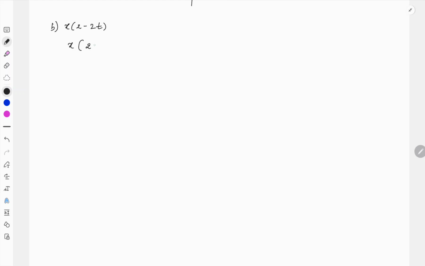It is minus of 2t. So let us take the minus sign common also. x of minus, with the minus sign taken common, 2t minus 2. Because we have taken the minus sign common, if we multiply inside with this minus sign, it becomes again 2 minus 2t. So whenever we have a negative t term at second place, always rearrange the equation by taking the minus sign common so that we can simplify our operations.